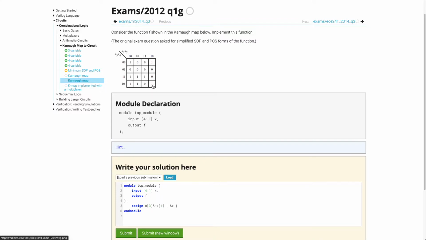Or if we're doing 1, 0, 1, 0. So it's 1, 2, 3, 4. 3 is 1, 4 is 0.